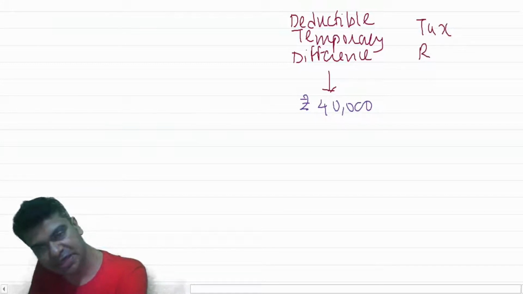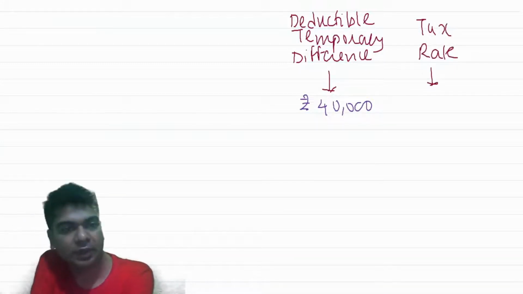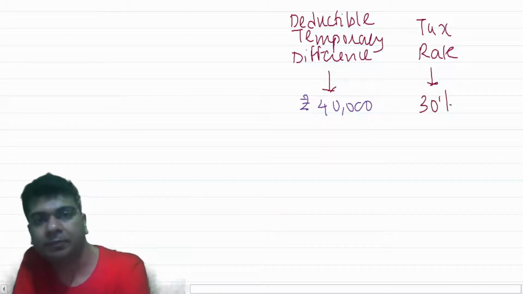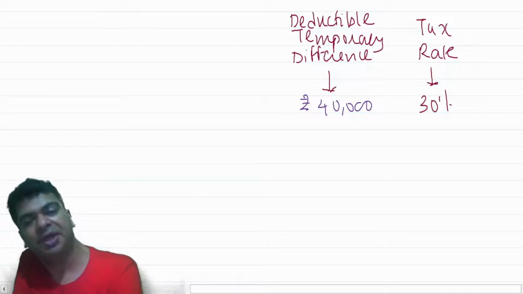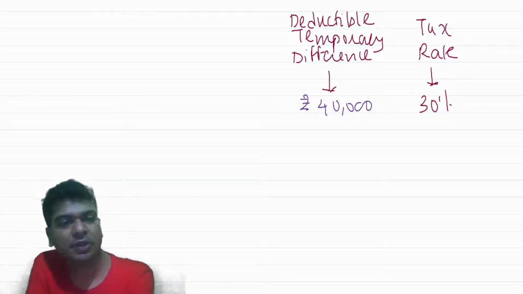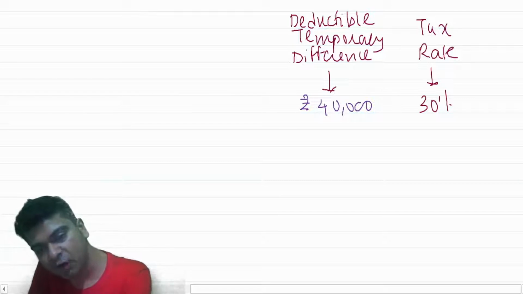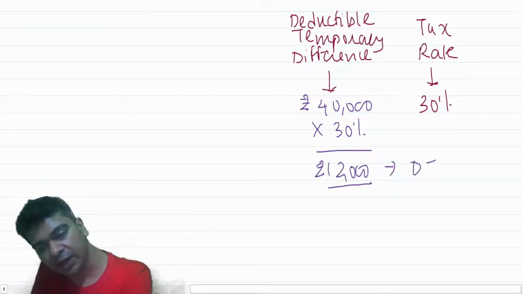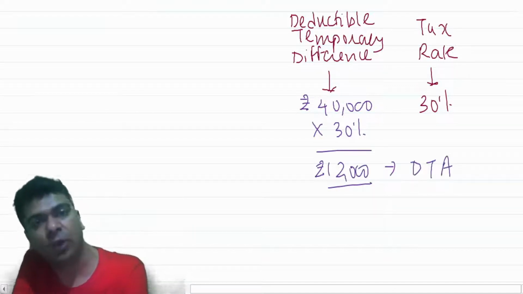Let us say the tax rate is 30%. So you are having a deductible temporary difference of 40,000 and the tax rate is 30%. So what you are planning is that 40,000 I'll multiply by 30%. So I'll get 12,000, right? You are planning to recognize a deferred tax asset of 12,000.